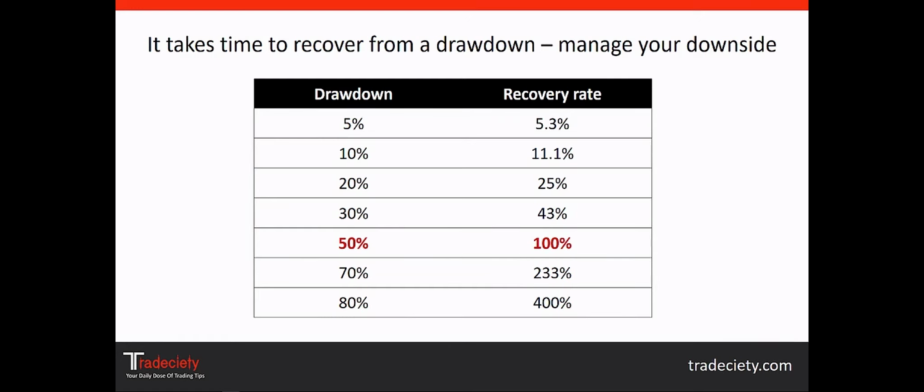So let's say you had a $10,000 account, you lost half of it, you are down to $5,000, and to get back to the $10,000, you now have to double your account. And doubling means that you have to get a 100% return. If you want to recover from a 50% drawdown, you have to make a 100% return. So it is very important that you don't get into large drawdowns. Especially you have to manage your emotions, analyze your trading, and make sure that you are always respecting the rules, because getting out of a large drawdown is very hard.